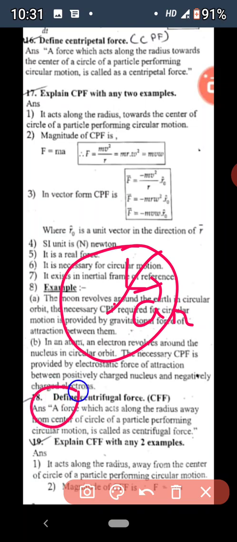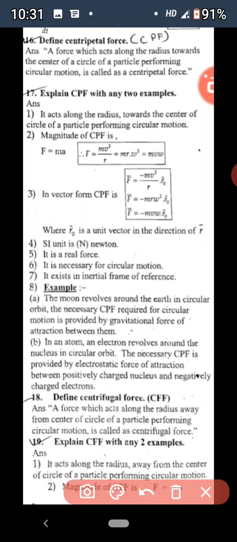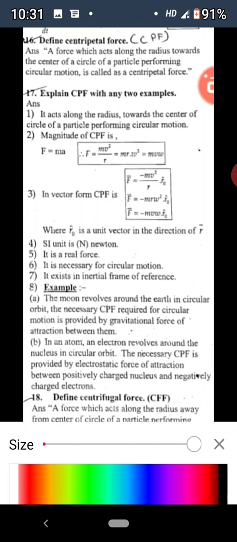That acceleration a r is equal to r omega square. Since this acceleration is towards the center, we call it centripetal acceleration.